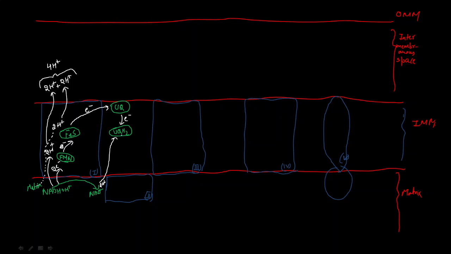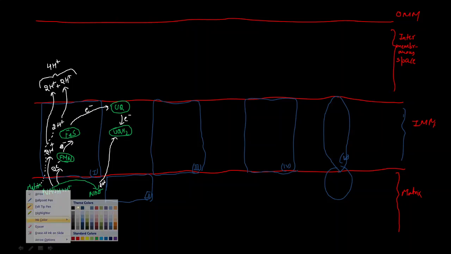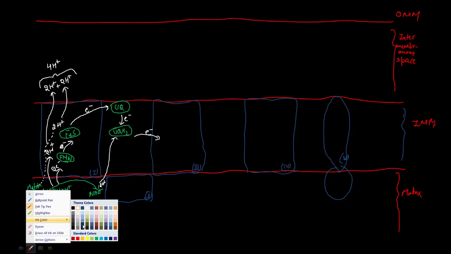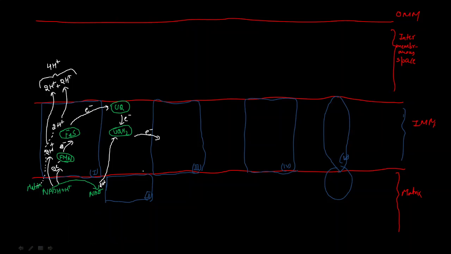Okay, so ultimately what is going to happen? Again, this ubiquinone, since it is a mobile carrier, will move in between the first and third complex, and ultimately this ubiquinone is going to release its electron and give it to another carrier, that is cytochrome B, which is part of the third complex.